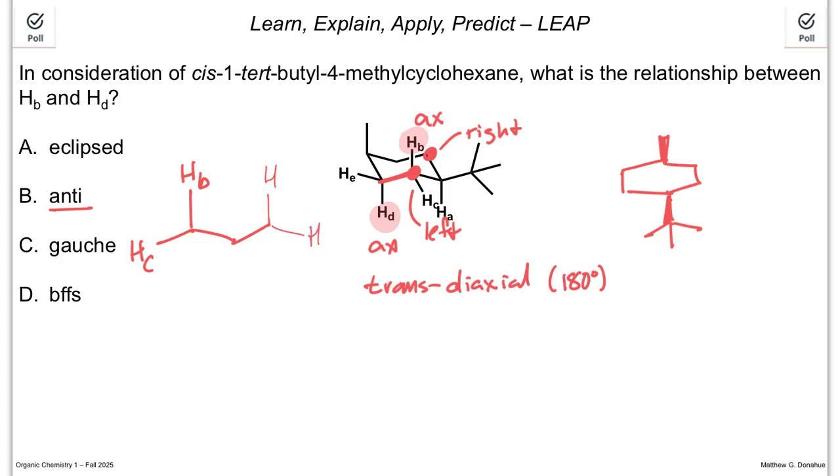So really what we're doing is making two Newman projections at once. So I'll put in the back carbons for each. So on this back carbon, HD is pointed down.